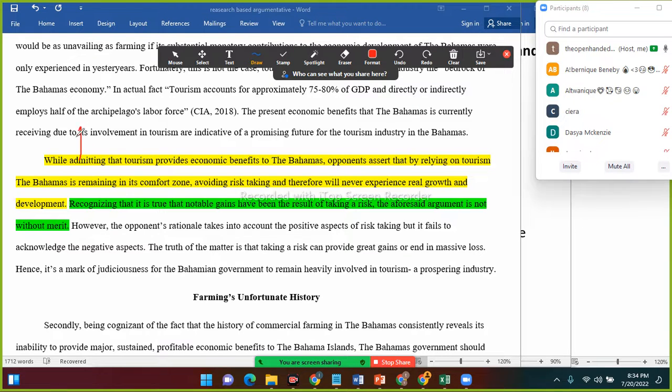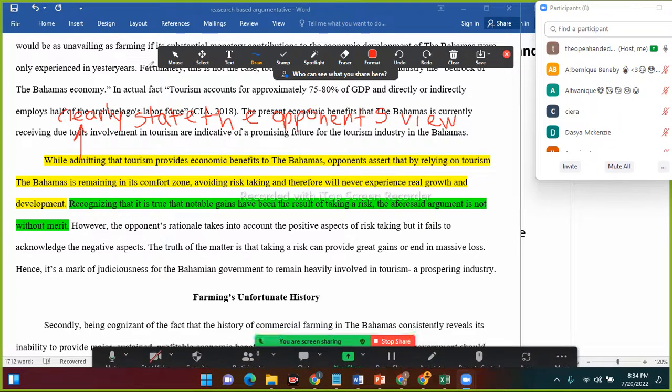Remember, the first thing I said that we must do is clearly state the opponent's view. Yeah, I mean, you did the same thing you did the first time. You recognized the importance of the argument, or you recognized where you agree with the argument. Exactly. That's exactly what I did here.